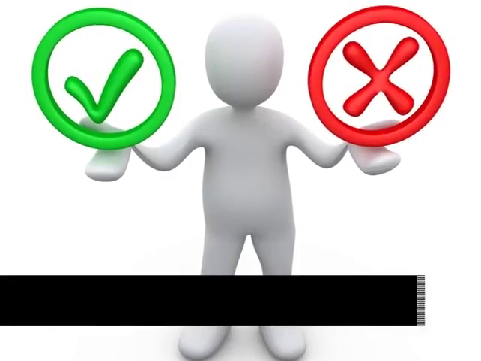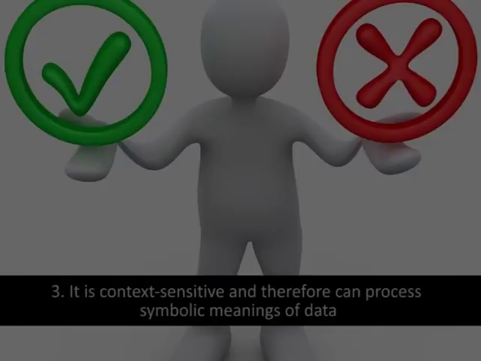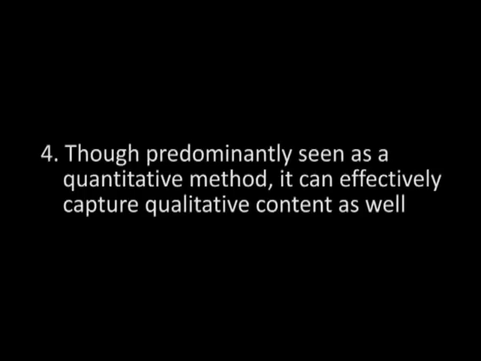It is context sensitive and therefore can process symbolic meanings of data. Though predominantly seen as a quantitative method, it can effectively capture qualitative content as well. The context sensitivity of the method will be useful in articulating the qualitative dimensions, such as, for example, the direction of coverage of news items as favorable or unfavorable.